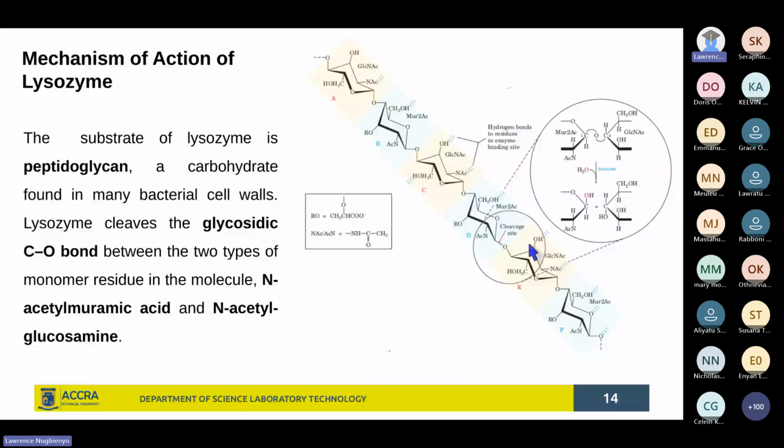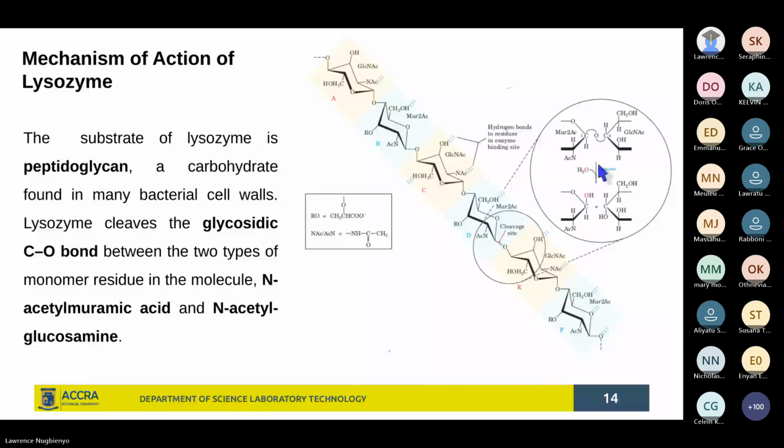Between them you have a glycosidic bond, and it is shown clearly, magnified in this circle, that you have N-acetylmuramic acid on the left-hand side and N-acetylglucosamine on the right-hand side. It is this glycosidic bond that gets broken by lysozyme.